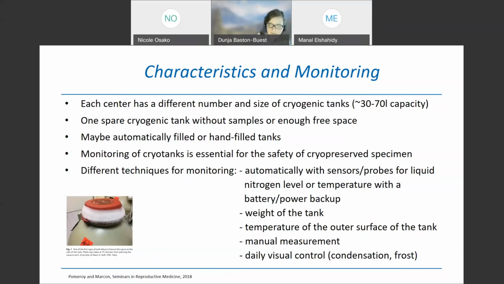We can also measure manually, and it's important to have a daily visual control, as seen here in the picture, to detect any kind of condensation or frost on the outer surface.